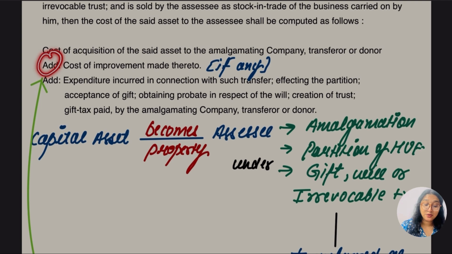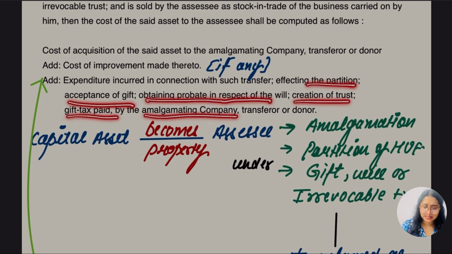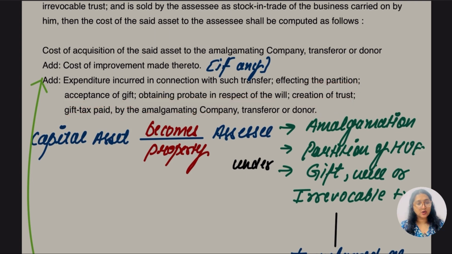But with that we are going to add something which we know: cost of improvement made there, if any. If there was any cost of improvement done, or another point is expenditure incurred in connection with the transfer, affecting the partition, acceptance of gift, obtaining property in respect of will, creation of trust, gift, tax paid by amalgamating company, transferor or donor.